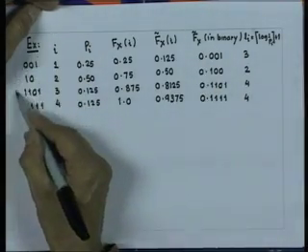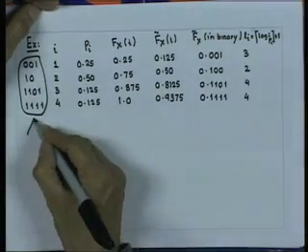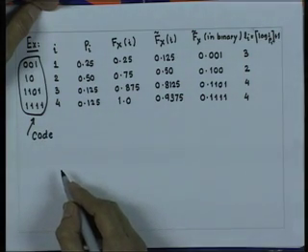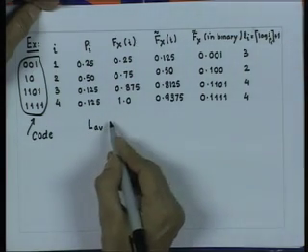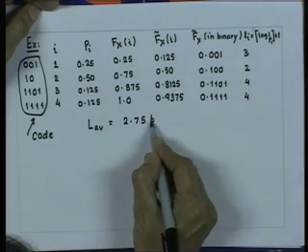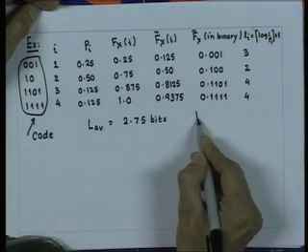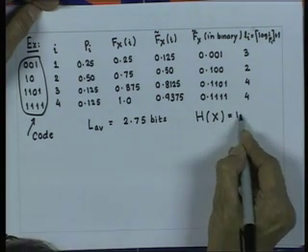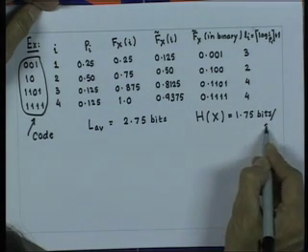So, this forms the code based on Shannon-Fano-Elias coding, and if we calculate the average length, this code turns out to be 2.75 bits, while the entropy for this source is equal to 1.75 bits per symbol.